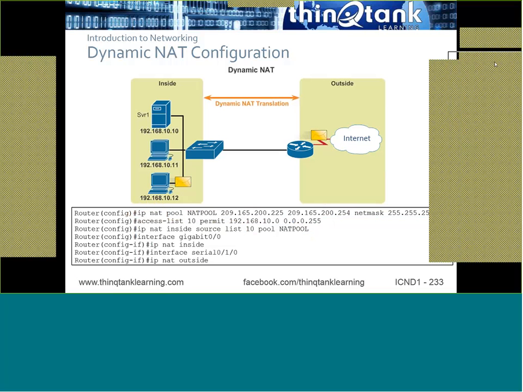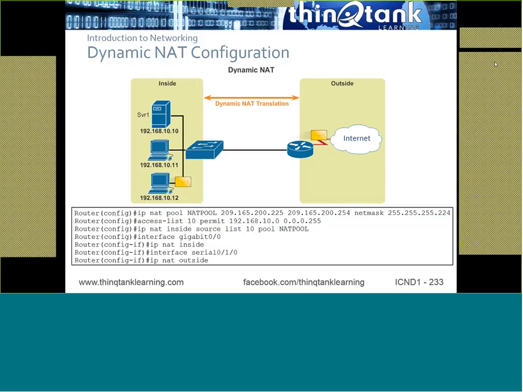The router knows it's being used. And by the way, if you accidentally try to configure a static NAT policy using an address that's already defined in a pool, the router will also tell you you can't do that. It'll say, oh, you're already using this address in a pool. You can't use this for a static translation. It simply will not happen. Okay?